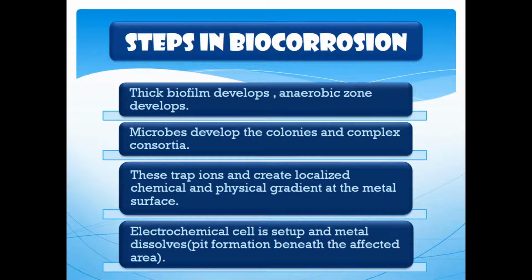Okay, there are four main steps of biocorrosion. Firstly, a thick biofilm develops an anaerobic zone adjacent to the colonized surface. Secondly, microorganisms develop colonies, and third, these trap ions and create localized chemical and physical gradients at the metal surface.